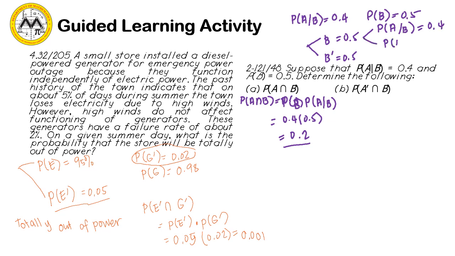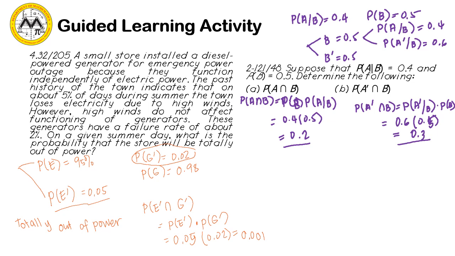Therefore, the probability of A prime given B is the complement of 0.4, so that's 0.6. So the probability of A prime intersection B is equal to the probability of A prime given B times P of B. So that would be 0.6 times 0.5. Sorry, I first said 0.4; it should be 0.6 times 0.5. So that's 0.3.